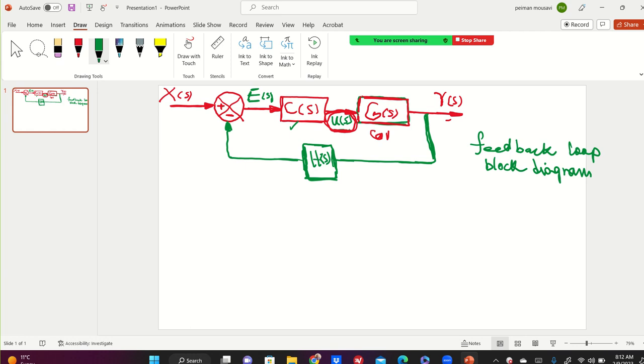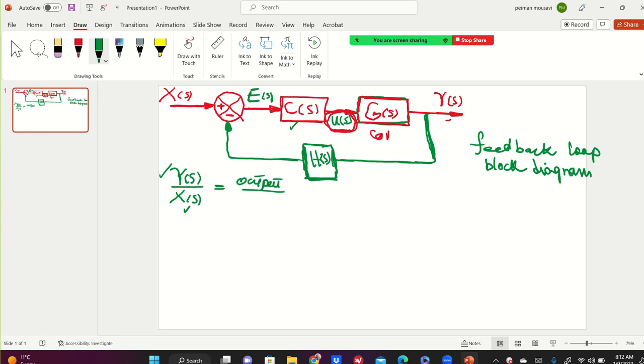Block diagram. So, based on definition, output of the system, Y of S, over input of the system, meaning the desirable input. This is the one you want to have, and this is what is really happening right now.